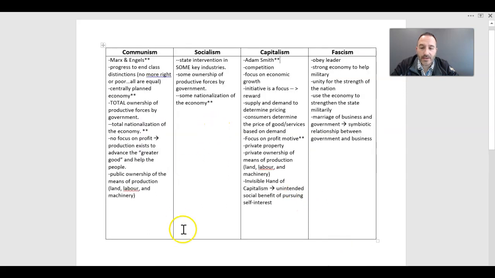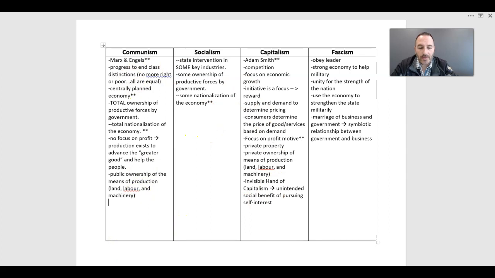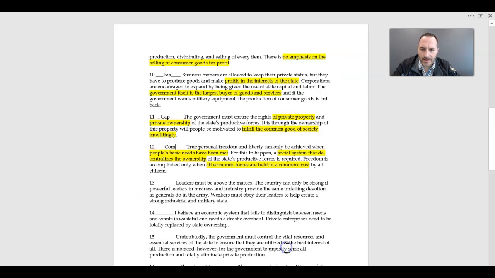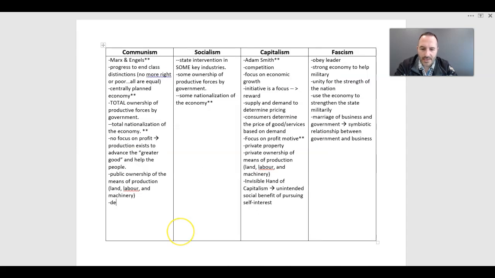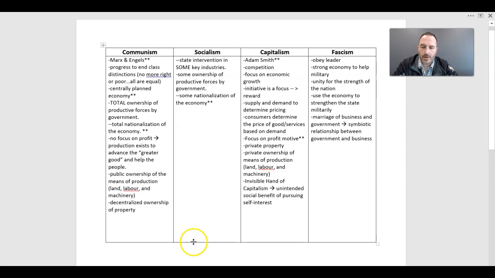So we're going to go into all three of them here, okay? So let's go to communism, because that's what this one is. And we're going to say, sorry, let me just go back to what we were at here. Okay. So we're going to say decentralized ownership of property. Or we're going to say totally decentralized ownership of property.